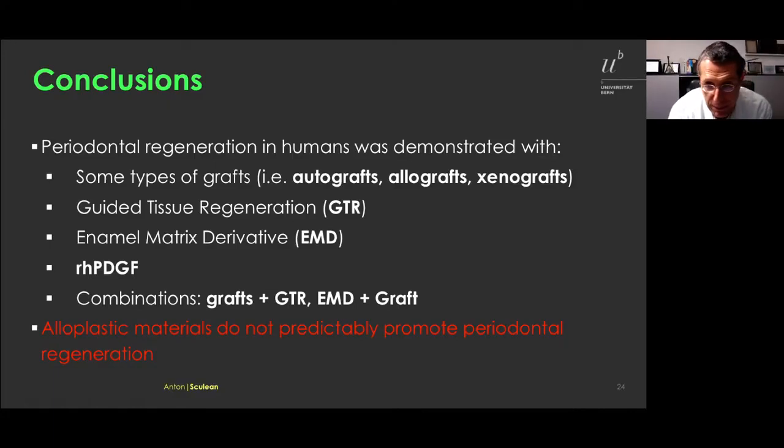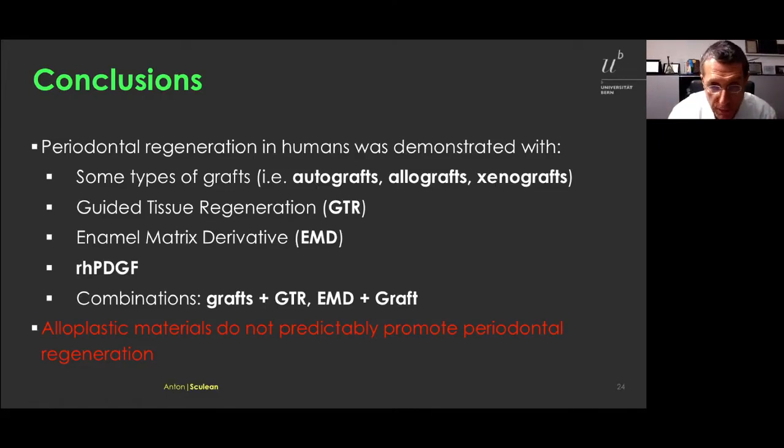Of course, we have the membranes, guided tissue regeneration. And guided tissue regeneration has been demonstrated to promote periodontal regeneration, okay, in humans. No matter what kind of membrane you use, the principle is always the same. It may promote regeneration if you don't have a complication. Enamel matrix proteins, like Emdogain, is the material that we have.